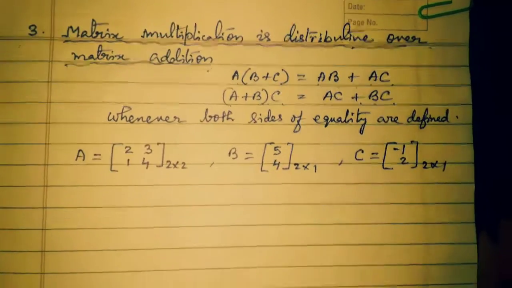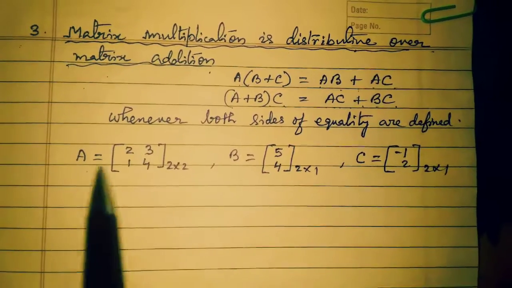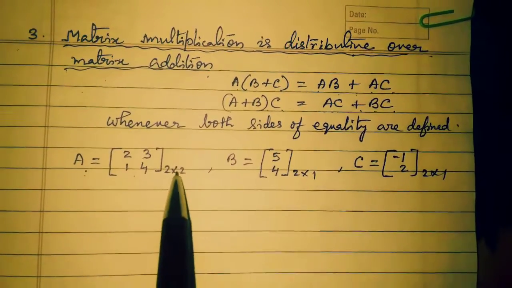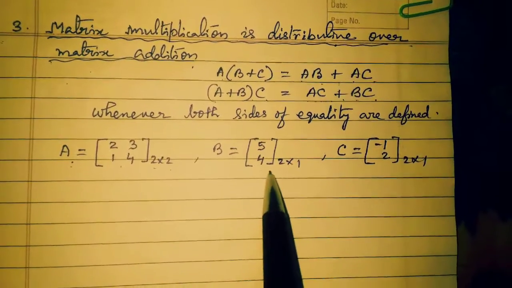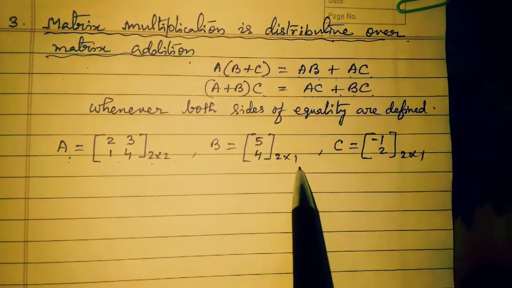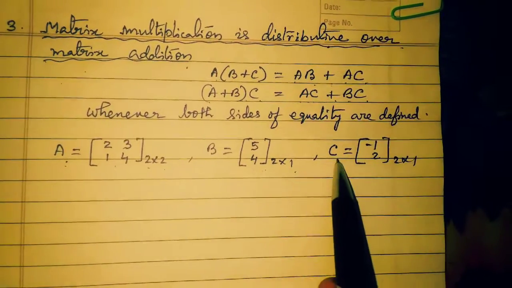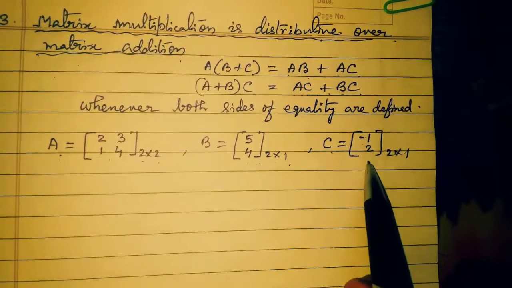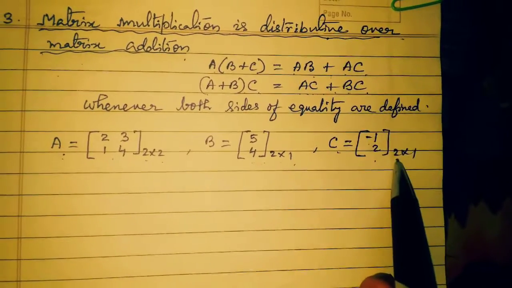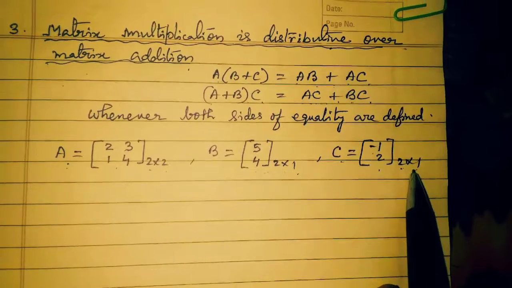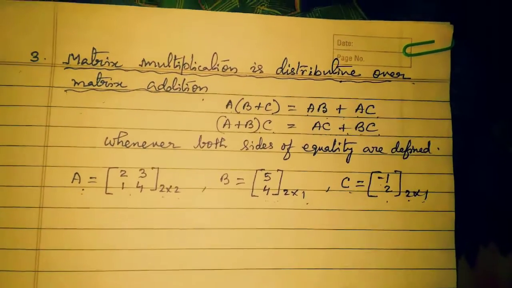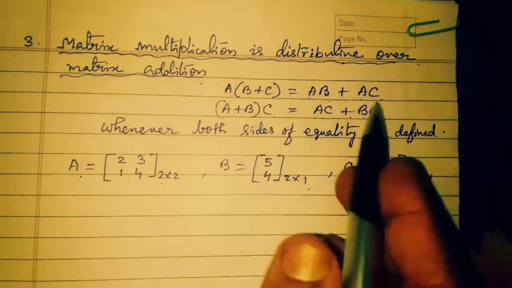We'll start here. We have taken an example where matrix A has order 2 into 2, matrix B has order 2 into 1, and matrix C is -1 and 2, so that is also a 2 into 1 matrix. Now, in the first case, we'll see if it is possible.